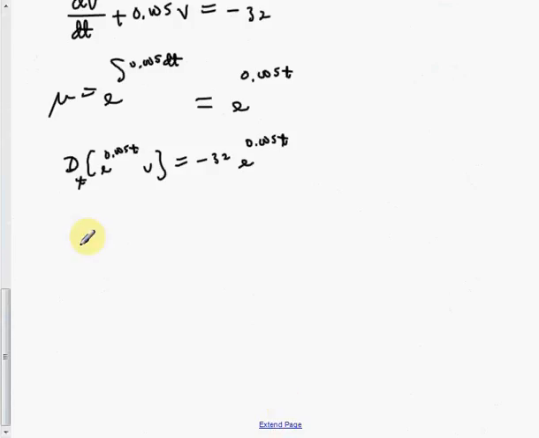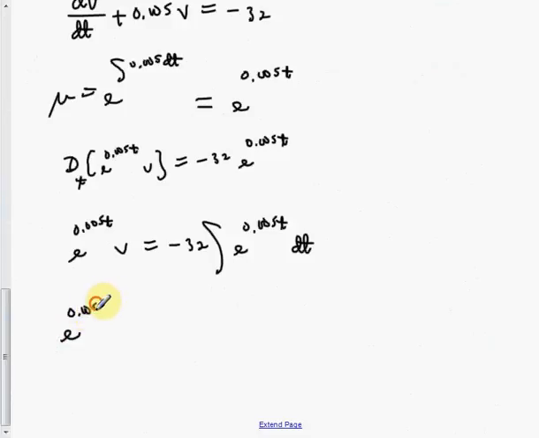Integrate both sides, and when we do, we have on the left e to the 0.005t times v is equal to negative 32 times the integral of e to the 0.005t dt.